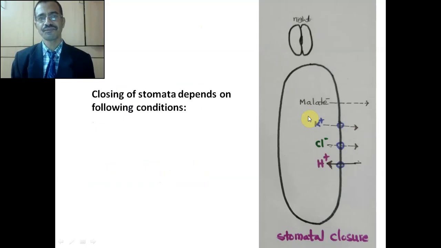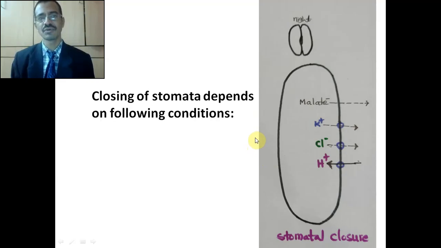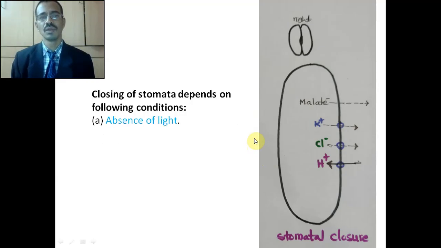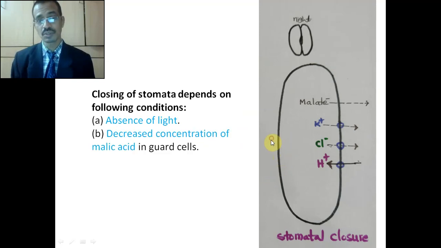Okay? And now we see the closing of the stomata. What is the mechanism of the closure of the stomata? It depends on the following conditions. First one is the absence of light. So what we observe during the night time is that the stomata are closed, and there is a decreased concentration of malic acid in the guard cells.